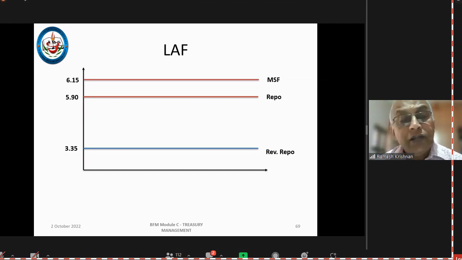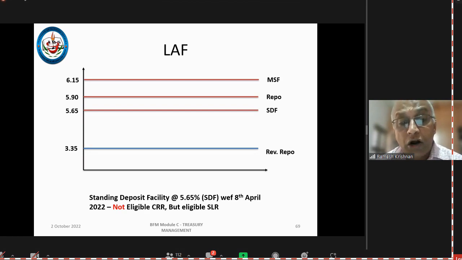From 8th April, this 5.65 gains relevance because you have a product called Standing Deposit Facility, SDF. This will not be there in your Macmillan book, but questions are very likely because this is a new topic. Yesterday itself I gave all the features. Still, for revision, it is a clean borrowing by RBI.